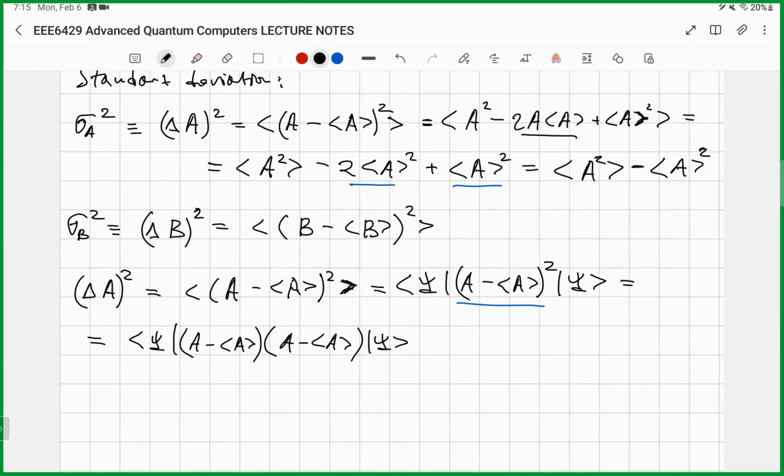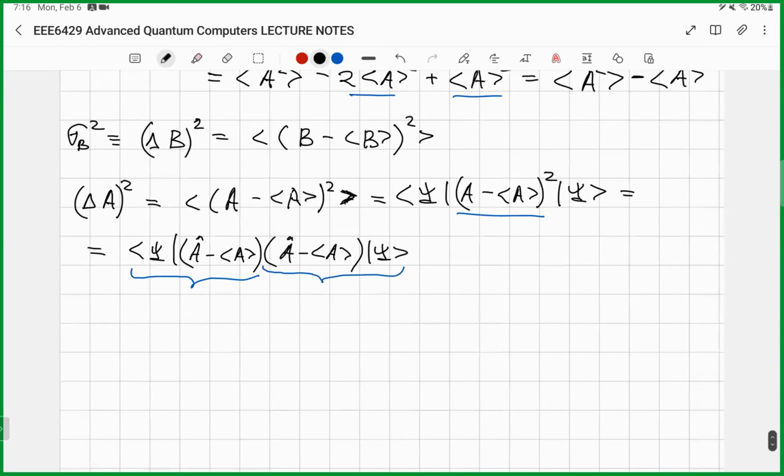I see that this construction basically consists of two vectors. This one vector here is the operator A minus the expectation value of A, and it acts on the vector psi on the left, and this other one acts on the same vector on the right. And since this operator A is Hermitian, these are basically the same vectors.